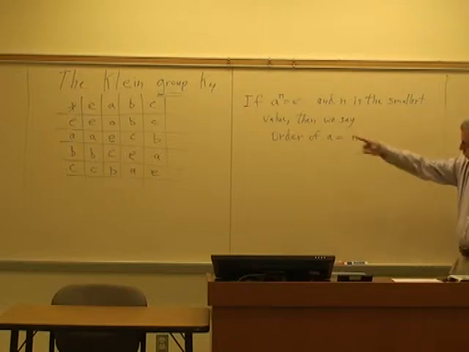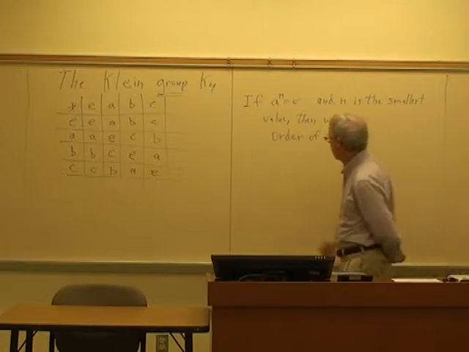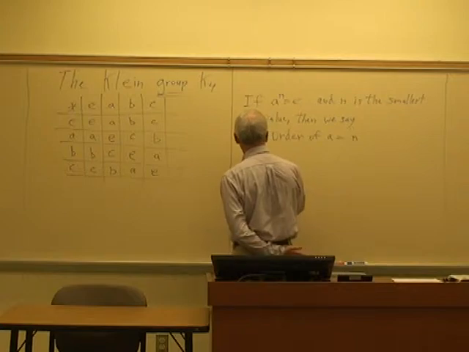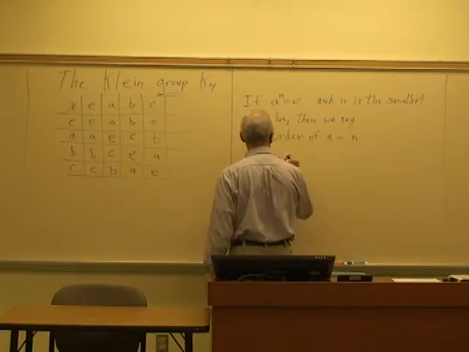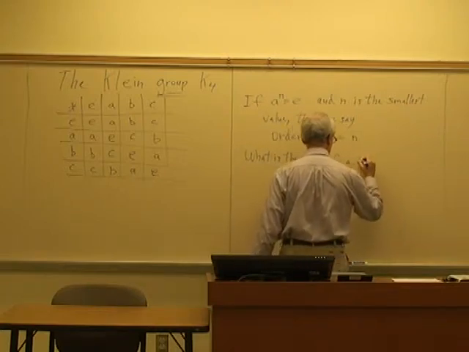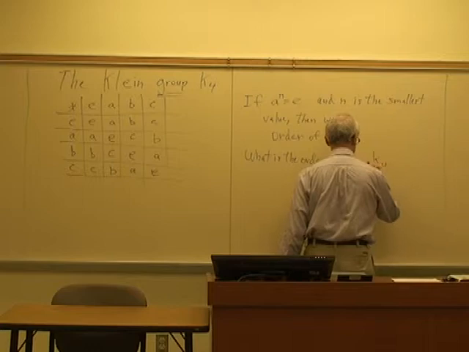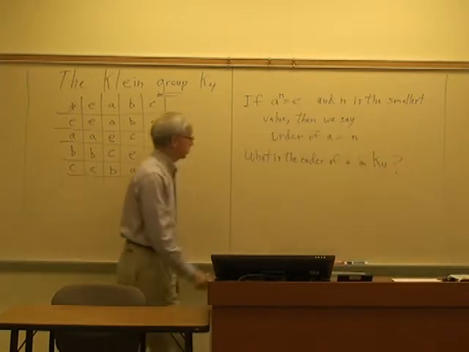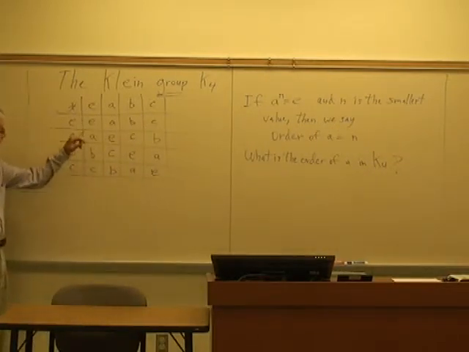Now, in this Klein group, what is the order of A? What's the smallest power of A that gives me the identity? 2.